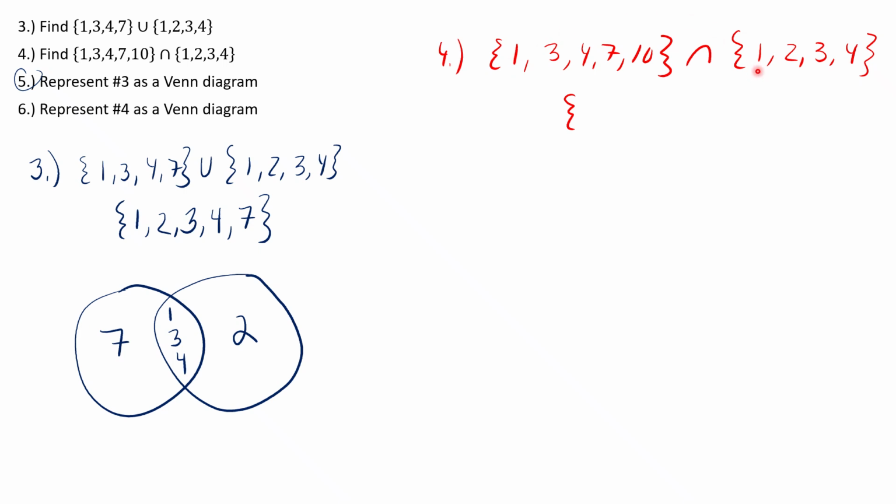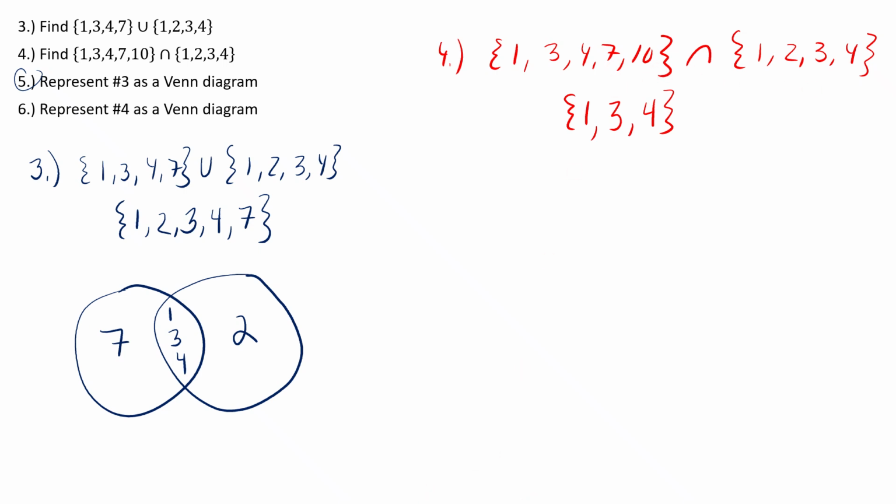So I have 1 is in both. 3 also is showing up in both. And 4 is showing up in both. And we can just double check 1, 3, 4, and then 7 and 10 are not.